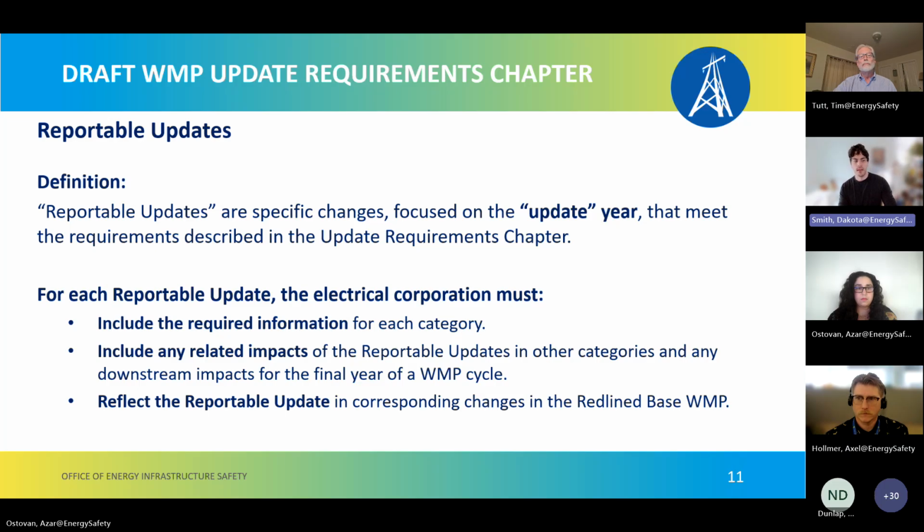So if we were looking at 2027, any downstream impacts as a result of an update for 27 that impact 28, which would be the final year of this cycle, would have to be reported as well. And then again, just a reminder that any reportable update must also be made in the redline base WMP.